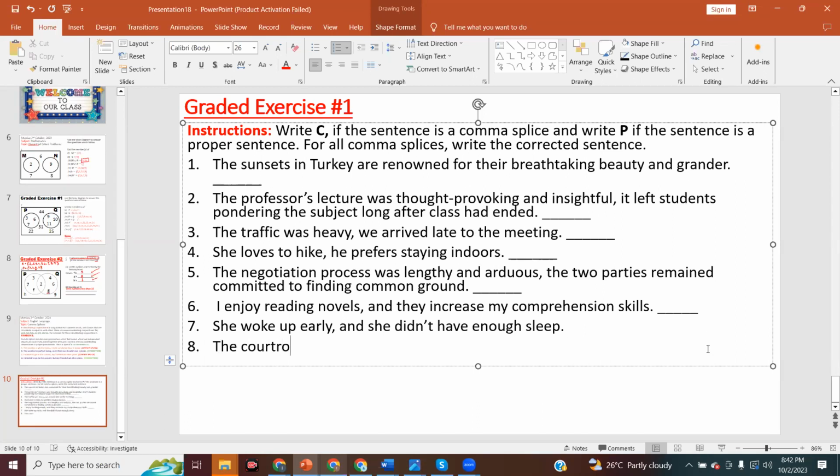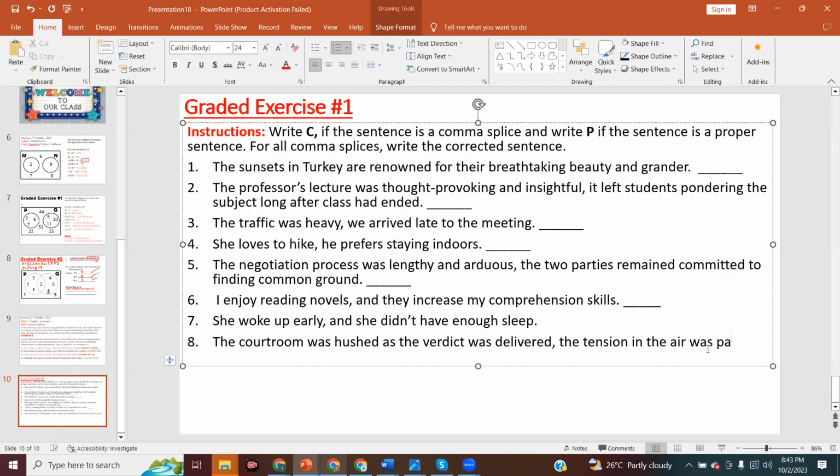Number 8. The courtroom was hushed as the verdict was delivered. The tension in the air was palpable.